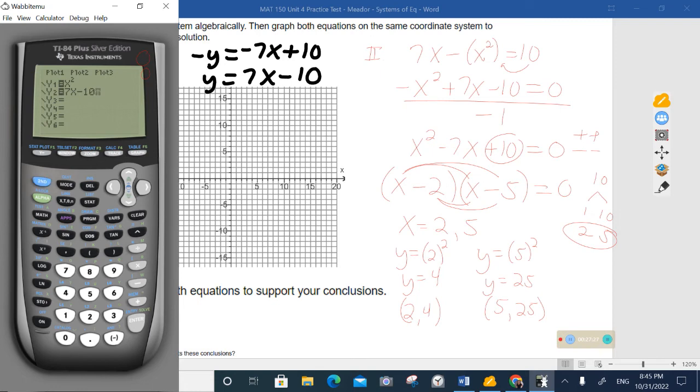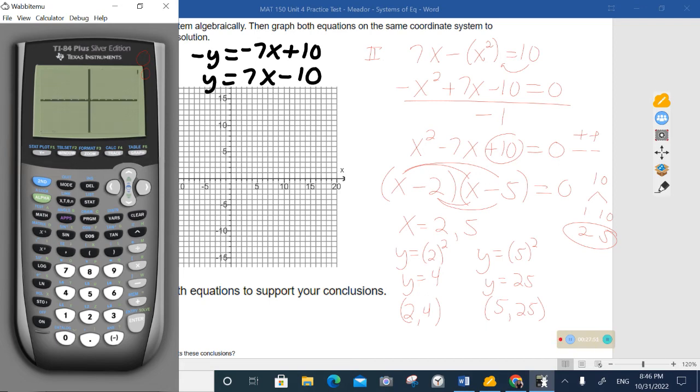Now if we look at our table, you're looking for x's and y's that match. Look at that. When x is 2, y is 4 for both graphs. That's what we got over here, 2, 4. And if we arrow down, when x is 5, y is 25.